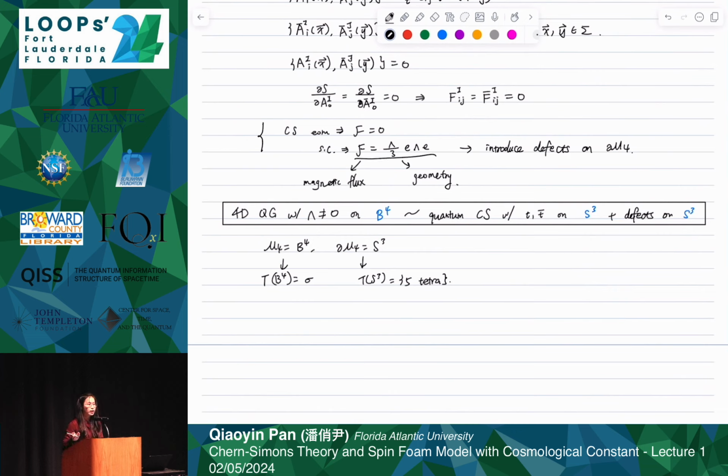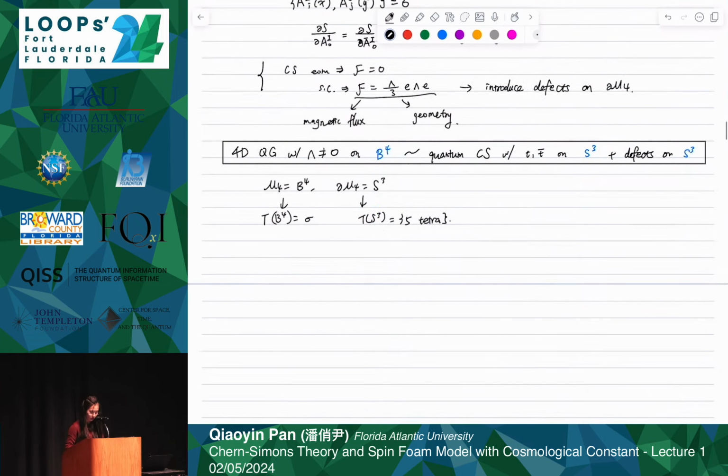It's also a 2-form constraint, so we will integrate over a triangle. Then this is defined as a discretized curvature associated to a triangle.